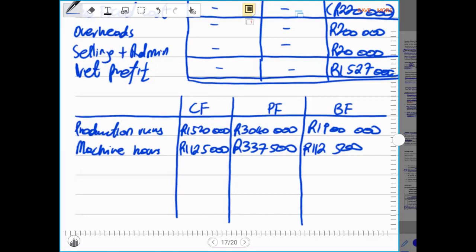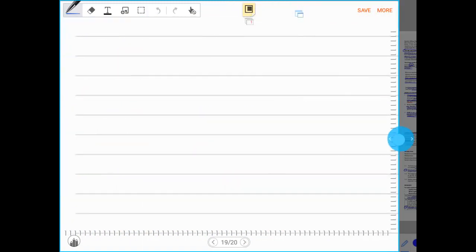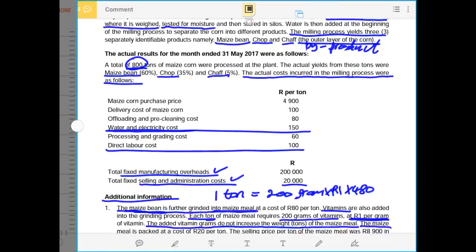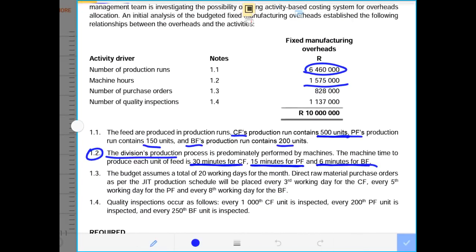So we have allocated the second one using the activity-based costing, which is ABC. Then we proceed to the next allocation of our overheads, which is the third one just before the last one.